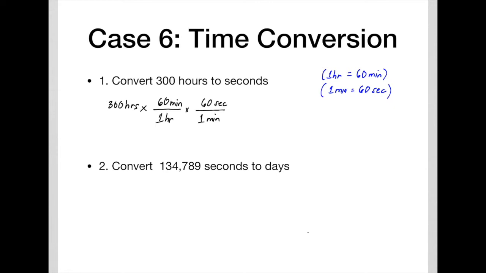So we're now ready to cancel the units, hours to hours, minutes to minutes, and that is 300 times 60 times 60.